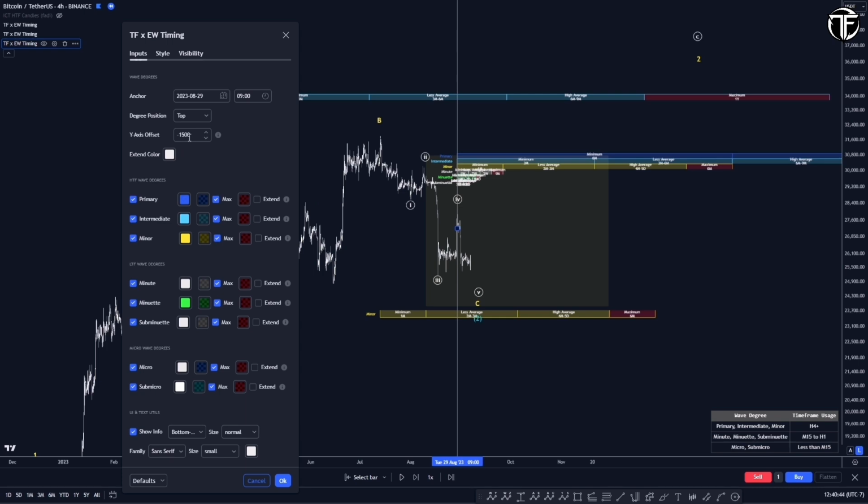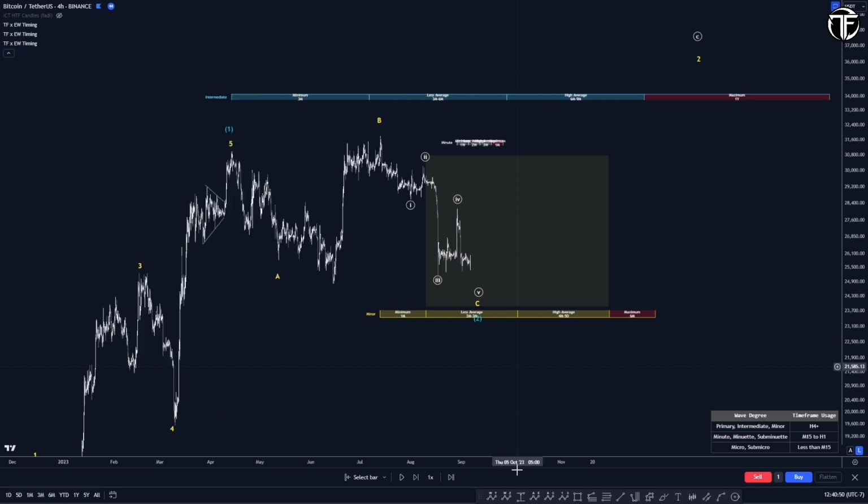Let's go ahead and take this down to the minute time frame. And this is our new zone right here. We're going to be looking for the end of it to occur pretty much right there. Where's our average zone? Right there.